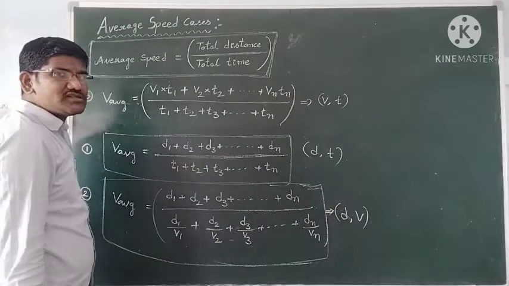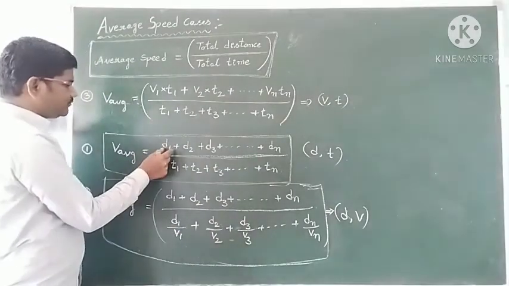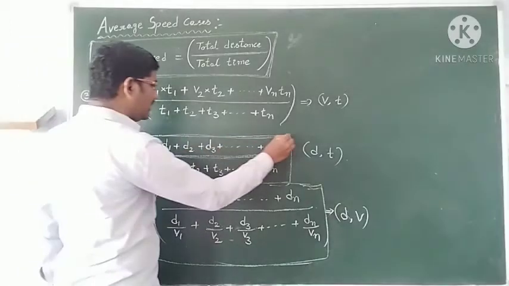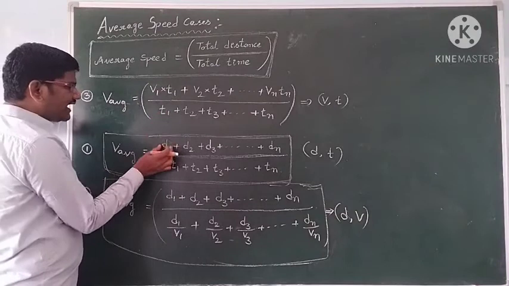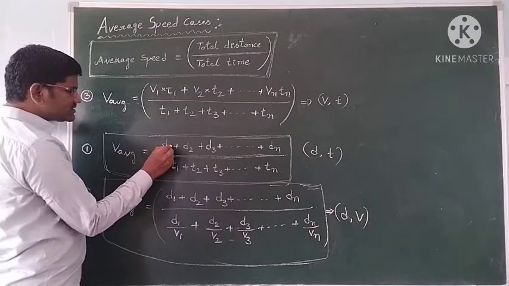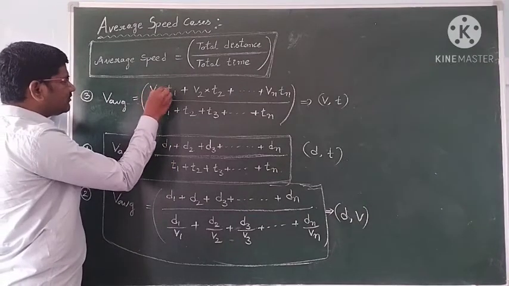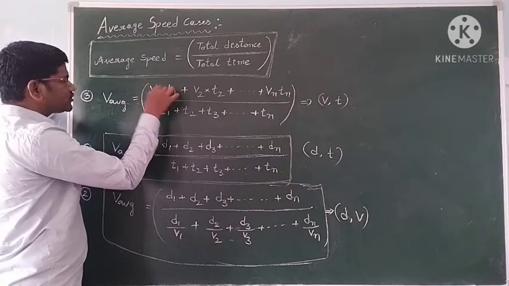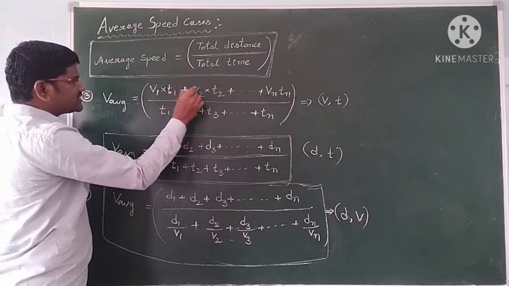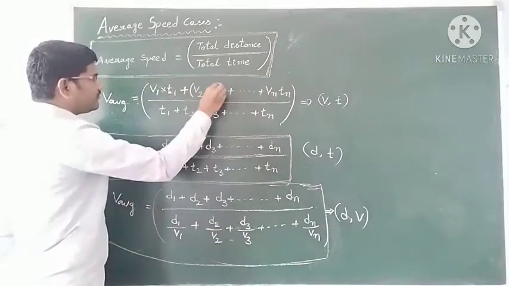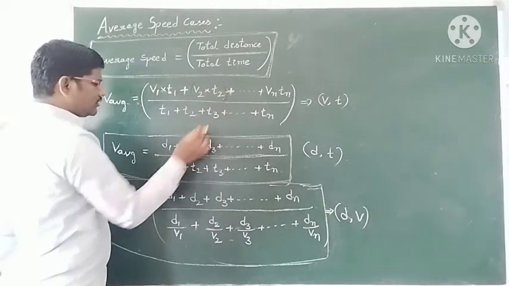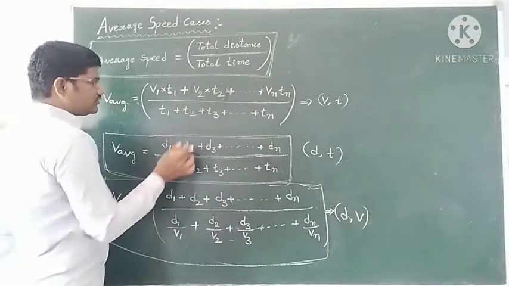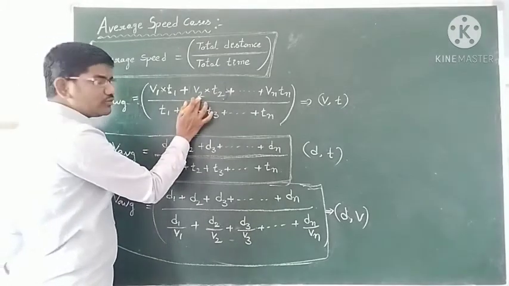Okay, got it students? And here, in the same average speed formula, we don't have the distances. Distance D1 we have written as V1 into T1, plus distance D2 we have written as V2 into T2.